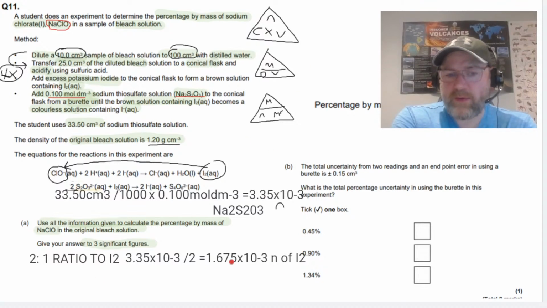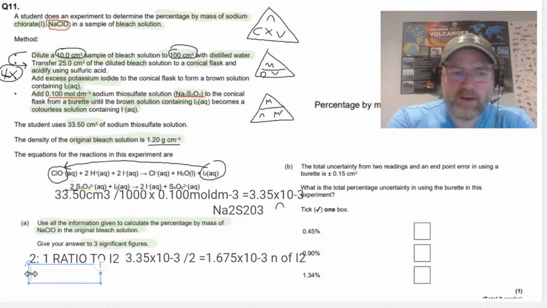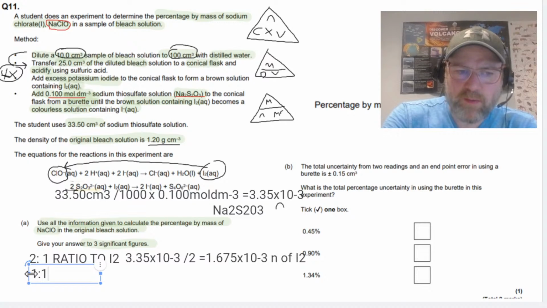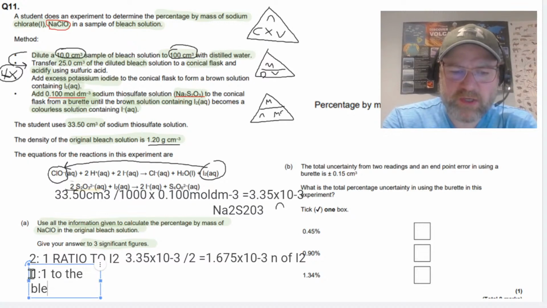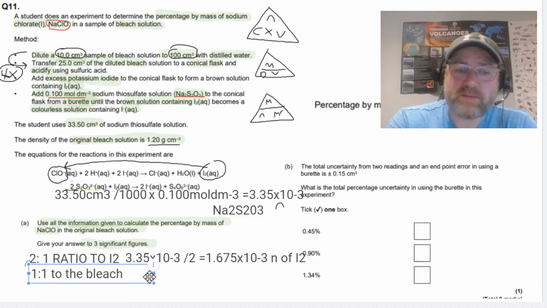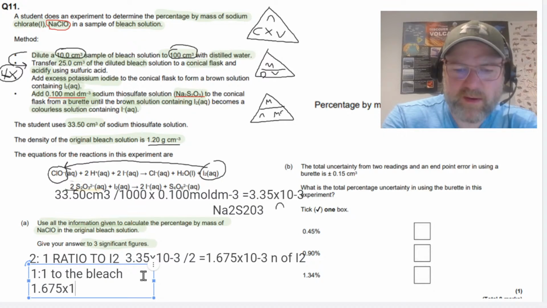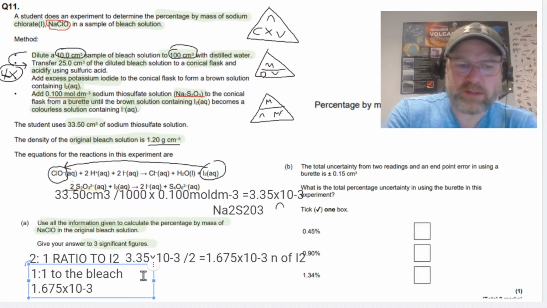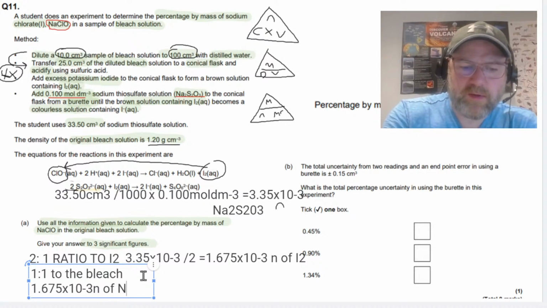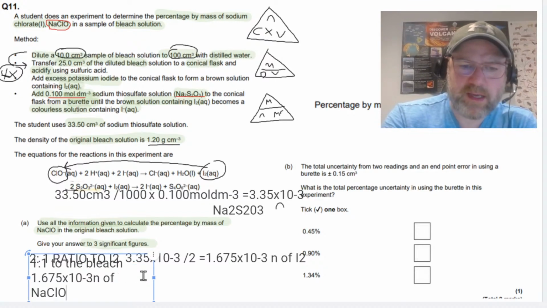Right, where were we? So we've got the moles of iodine. We now know there is a 1-to-1 to the bleach, that's the sodium chlorate. And as there's a 1-to-1 to the bleach, we now know that we have 1.675 times 10 to the minus 3 moles of NaClO.